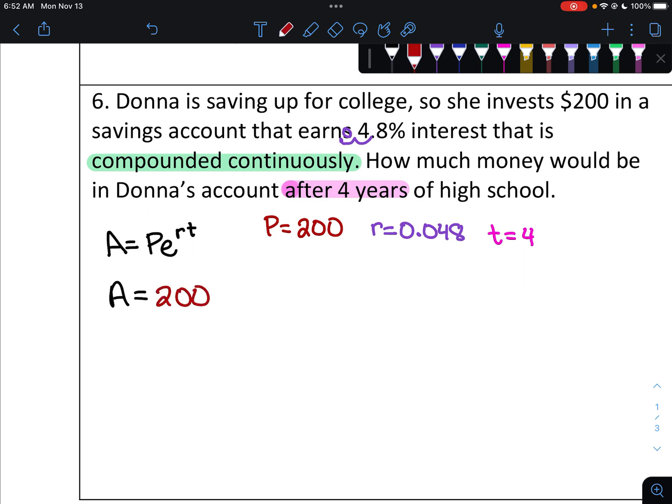So we have 200, remember e is a button on our calculator, to the power of 0.048 times 4. Since it's money, we are going to round to 2 decimal places. So we have 200, second ln gets you e. And so after 4 years in the account, there would be $242.33.